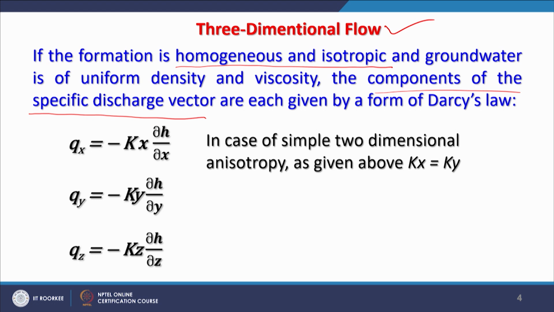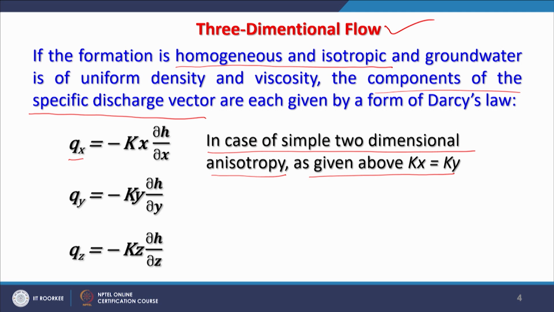So, now we are bringing in Darcy's law, which says q_x equals minus K_x dH upon dx. In the case of simple 2-dimensional anisotropy as given above, K_x can be K_y also.